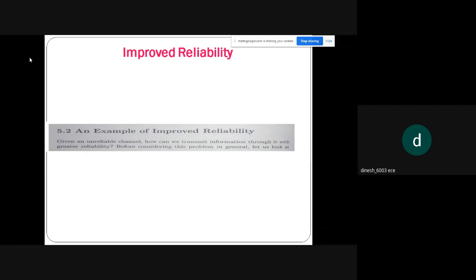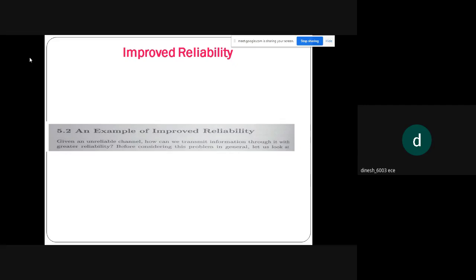Next is reliability, that is, to improve reliability. So in the binary symmetric channel, we cannot rely on the information if a decision goes wrong. If the decision of 0 is correct, we may get the probability of occurrences of 0 or 1. And if the decision goes wrong, the decision taken on the occurrence of probability is wrong.